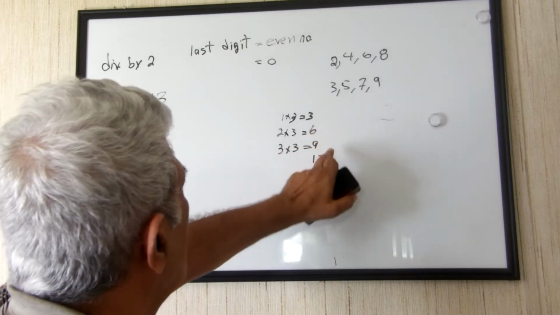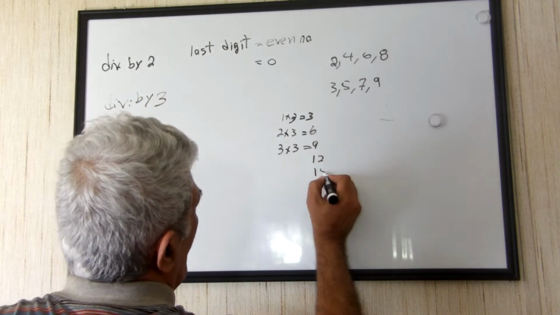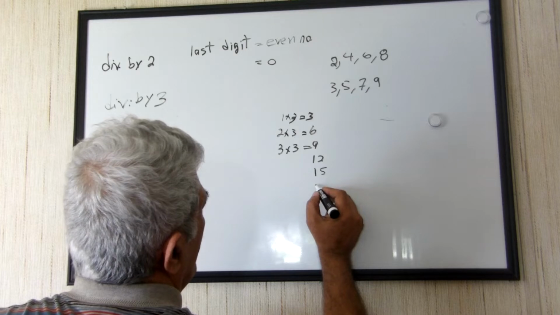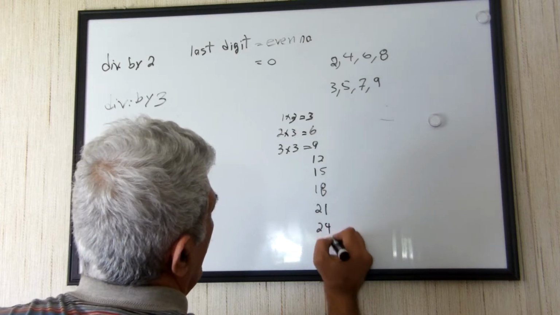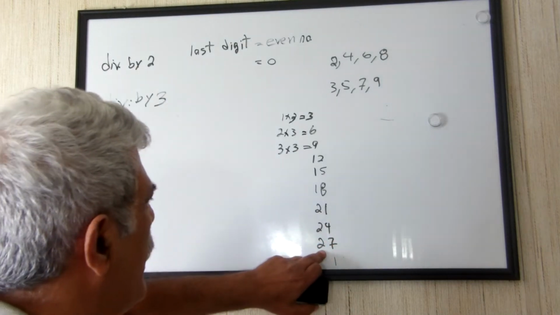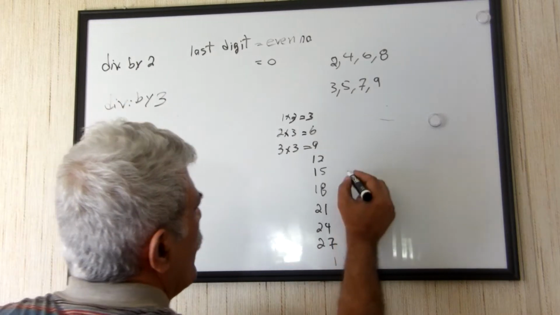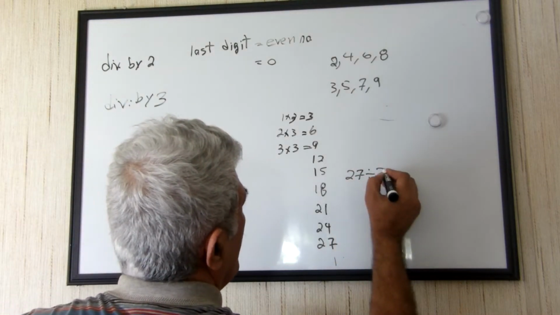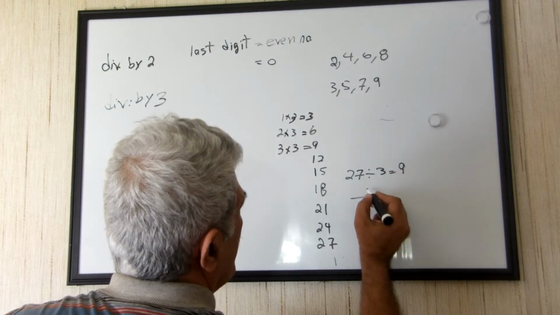All these numbers are divisible by 3. 18, 21, 24, 27. This 27 is divisible by 3 because if you divide 27 by 3 you're going to get 9.